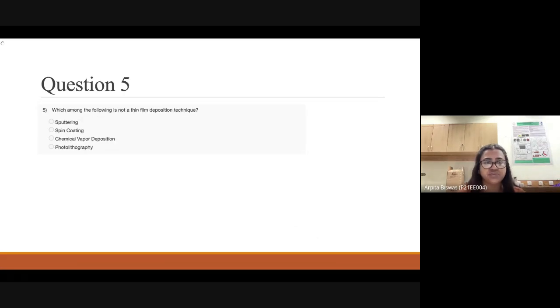Next, coming to question number five. Which among the following is not a thin film deposition technique? First option is sputtering, then spin coating, third is chemical vapor deposition, and then photolithography. Okay, anyone else?